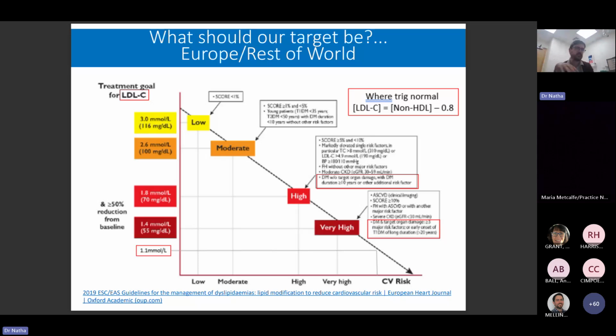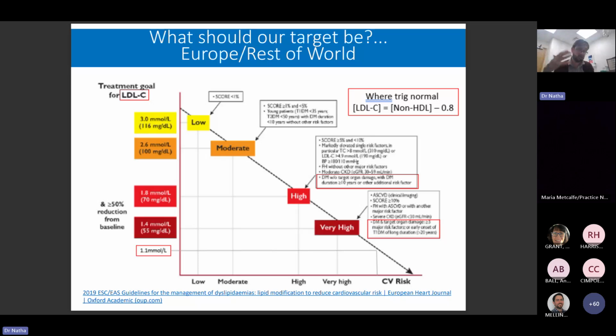And rather than looking at relative targets, I would urge you to consider absolute targets, specifically in those who have one or more risk factors, thinking about an LDL of 1.8 as your minimum of where you treat to, be that primary or secondary prevention.